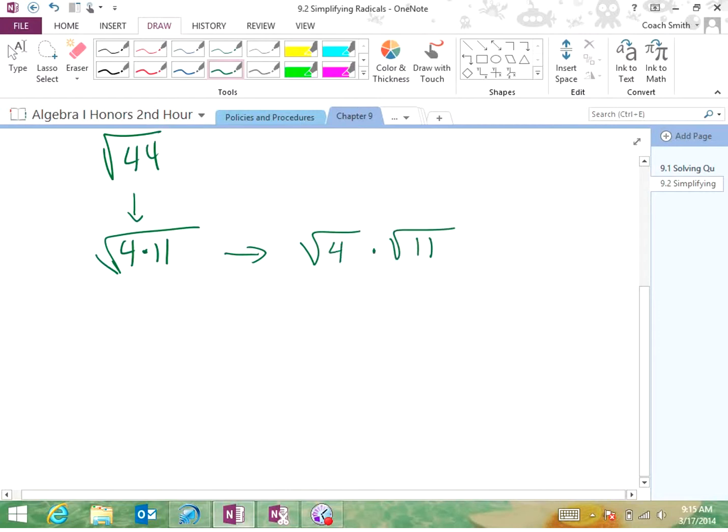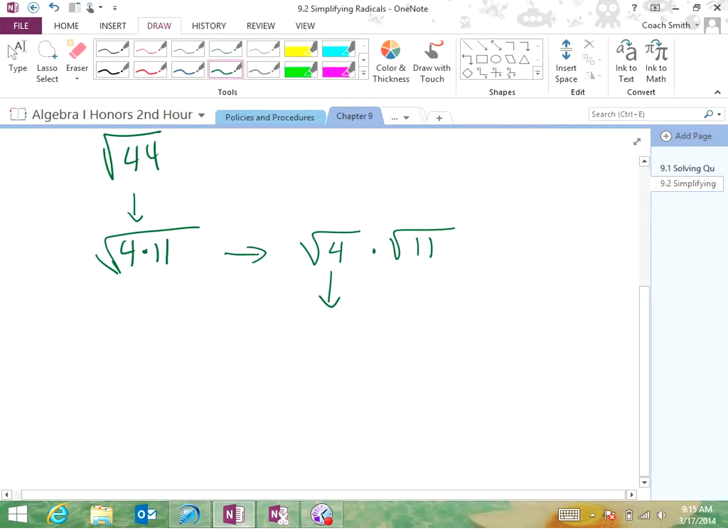That is an equivalent expression. Okay? The square root of 4 times 11 is the same thing as the square root of 4 times the square root of 11. Those are equivalent. They are the same.